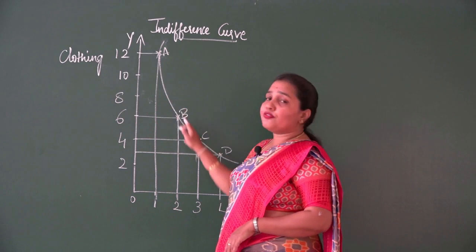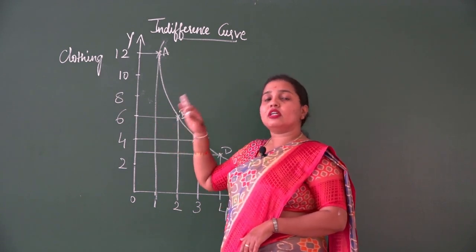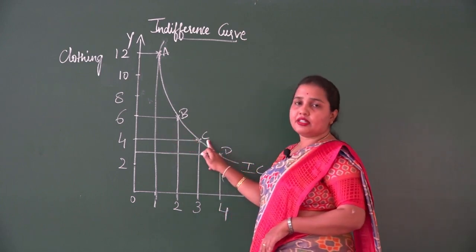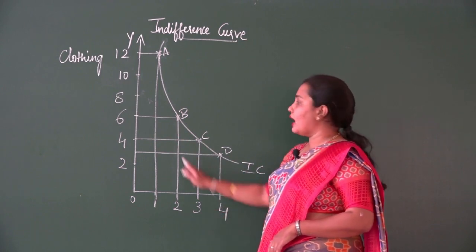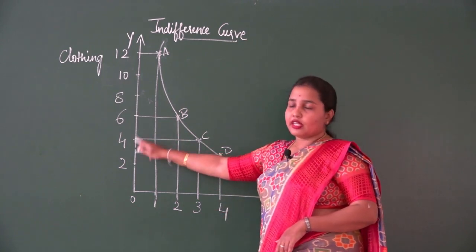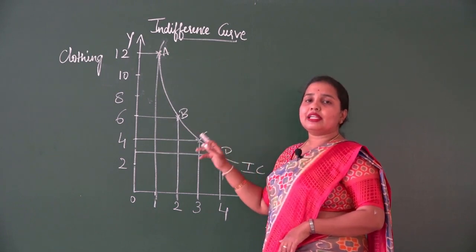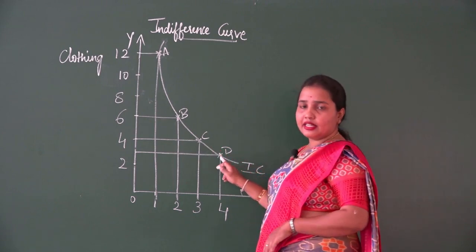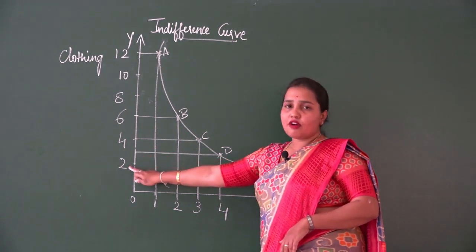Likewise, whatever utility he gets in both A and B will be equal to the third combination, combination C, when he consumes 3 units of food and 4 units of clothing, and all these combinations A, B and C will be equal to combination D when he consumes 4 units of food and 2 units of clothing.